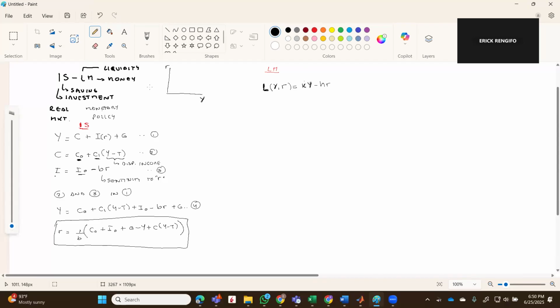This is income sensitivity to money demand. And this one here, obviously, is going to be the interest sensitivity to money demand.